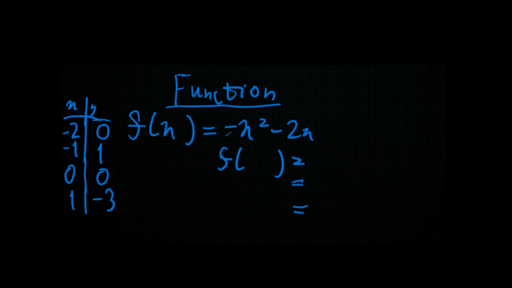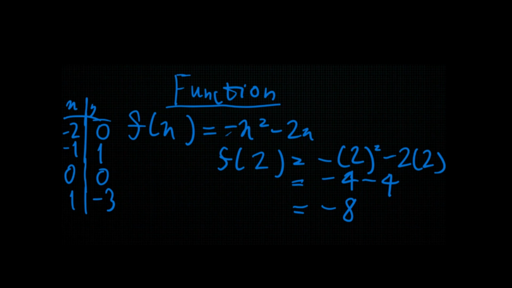You could use just 3 points, but I'm showing it to demonstrate how it works. So 2 squared is 4, and then negative, so negative 4, minus 2 times 2, which will be 4 again. So that will be minus 8. Now we can finally graph it. So f of 2 will be negative 8.